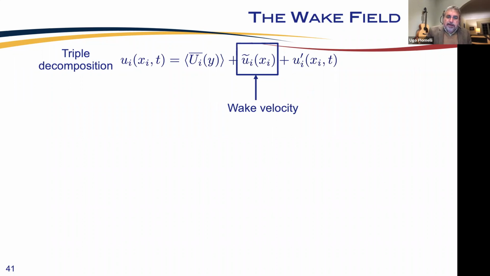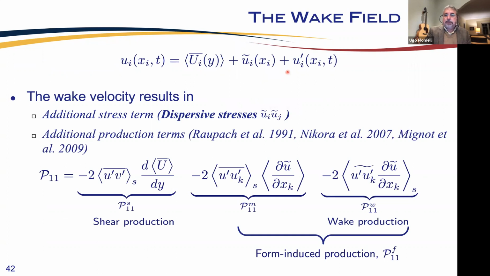Now, the wake velocity has two important effects. First of all, it generates additional stress terms, the dispersive stresses. The dispersive stresses are a function of position, x, y, and z, but not of time, so they're stationary. Also, there are additional production terms that appear.